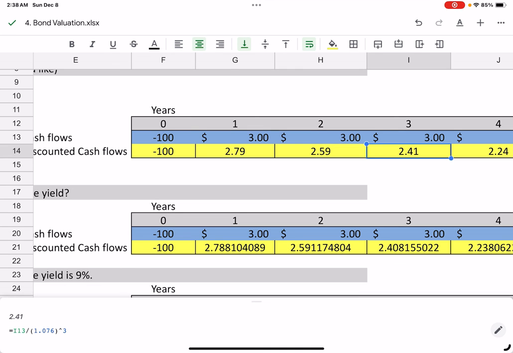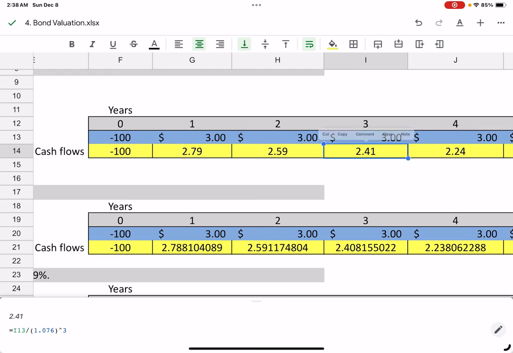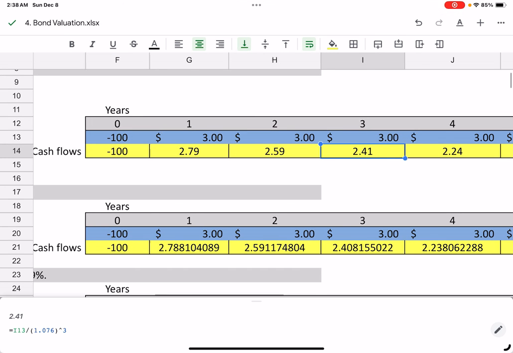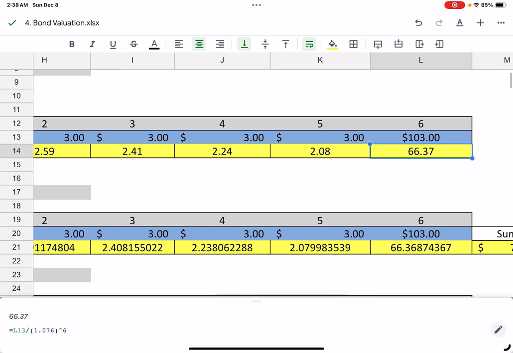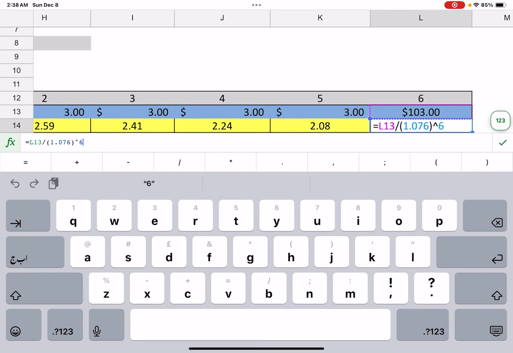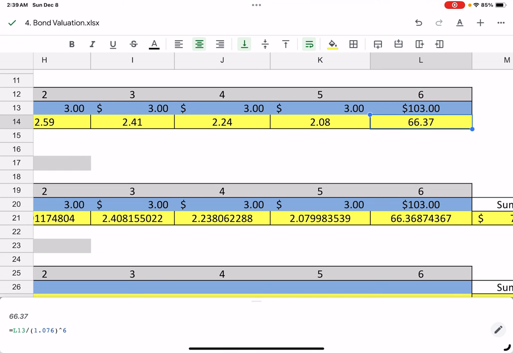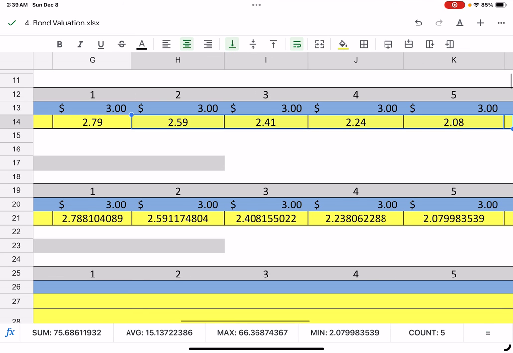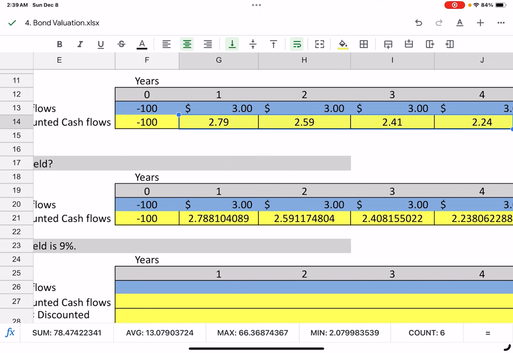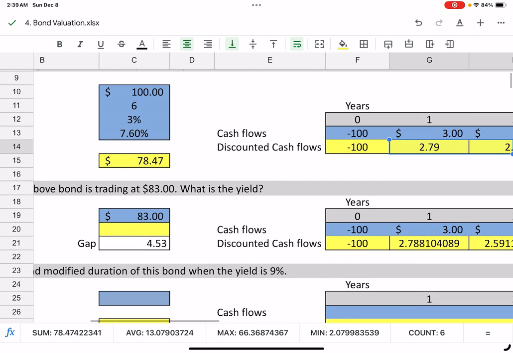Similarly, for year 3 we raise it to the power of 3, and for the last one, year 6, we use the same discount factor raised to the power of 6, because that cash flow will be received 6 years from today. If we add all these discounted cash flows, as you can see in the sum at the bottom left corner, it turns out to be 78.47. So this is the price.